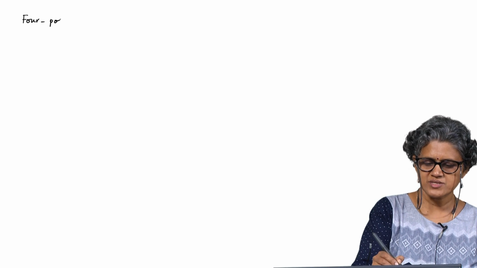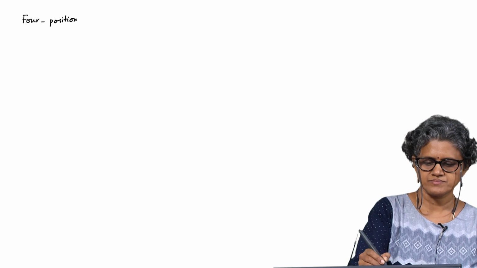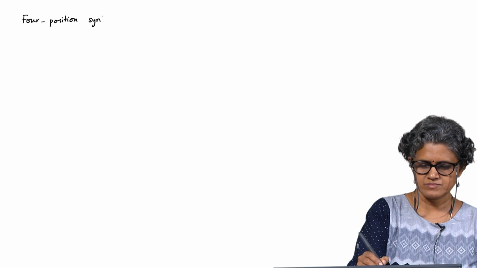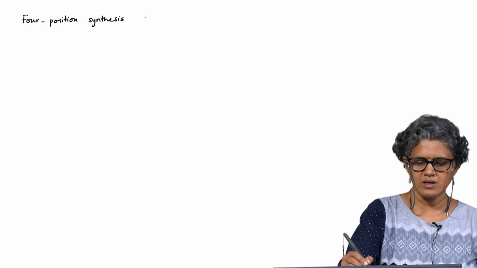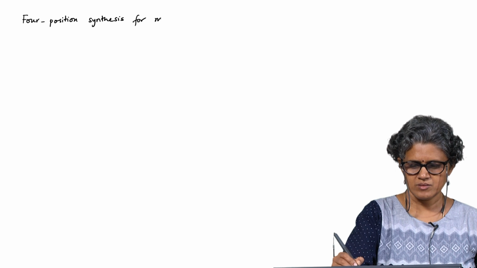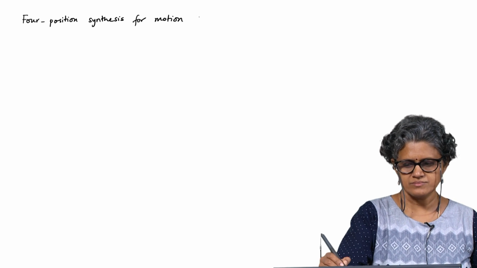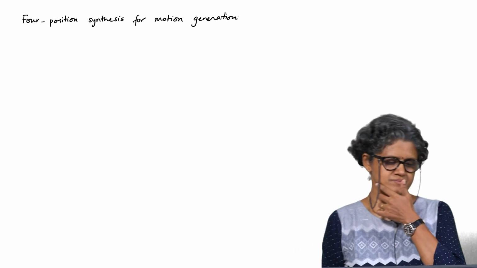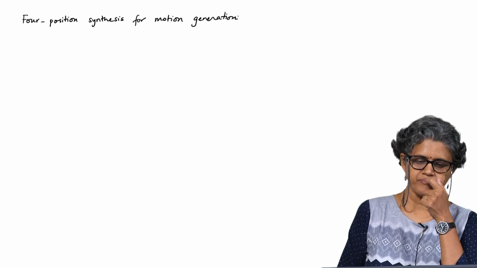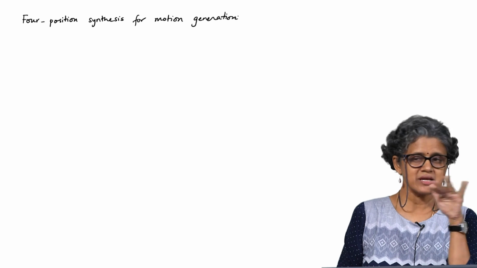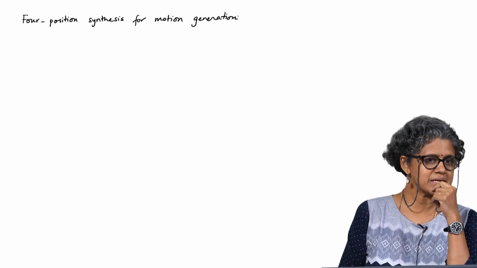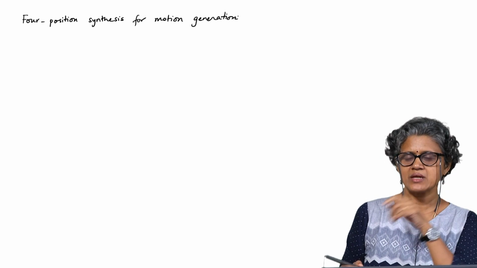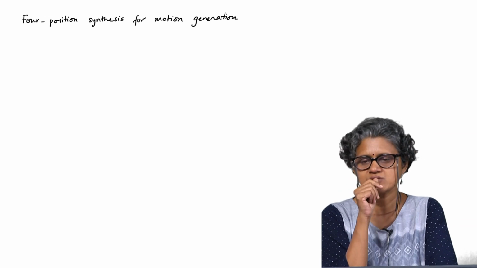So, we will look at the 4 position synthesis for motion generation. Now, if you remember, in the graphical methods we stopped with 3, right, because we ended up with a unique solution.